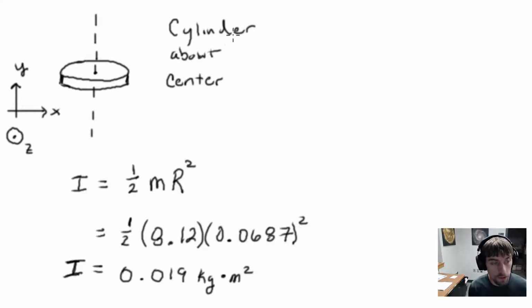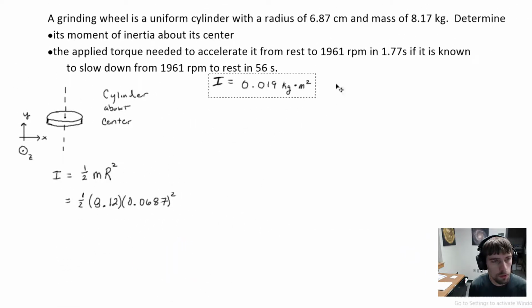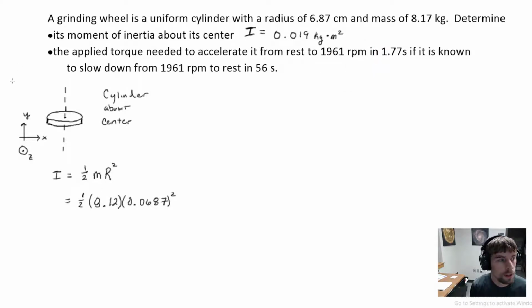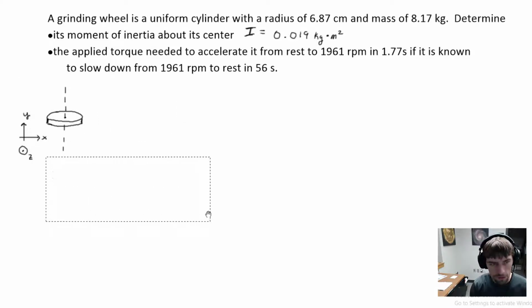Of course, we'll need this for the second part, so what I'll do is move it up here into the problem for a moment, just so that we remember where it's at. Now we're stuck with the second piece, so let's look at this again.